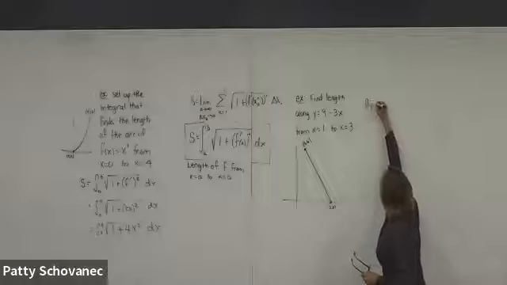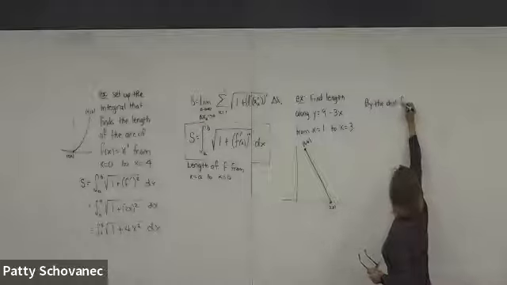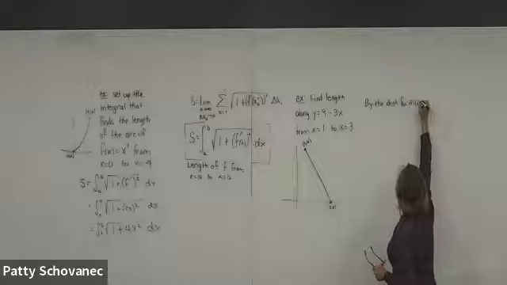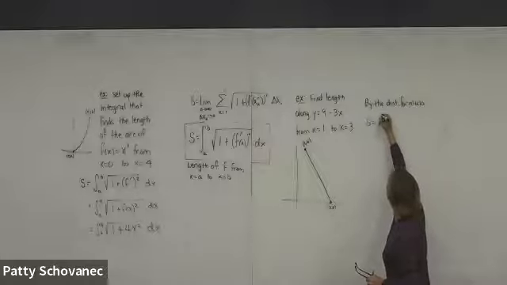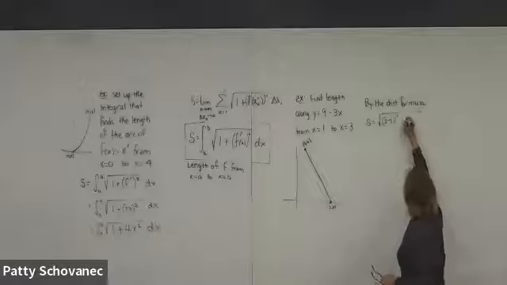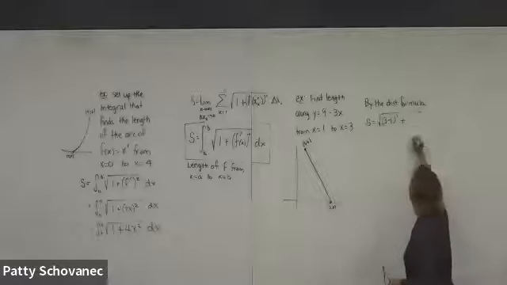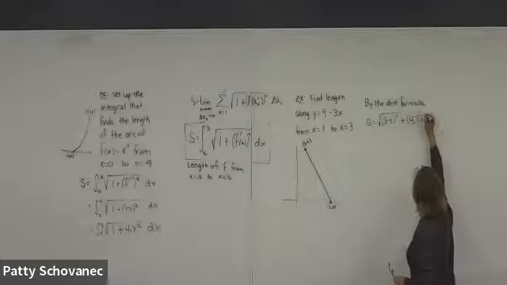The distance formula, from the Pythagorean theorem. That length s is the square root of the difference in the x's, so 3 minus 1 squared, plus the difference in the y's, 0 minus 6 squared.